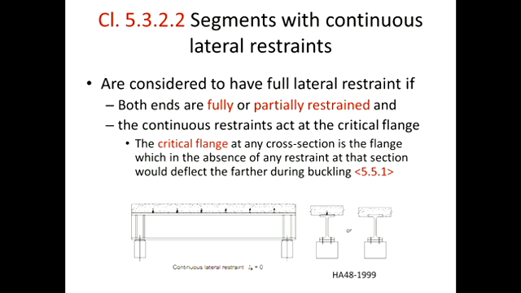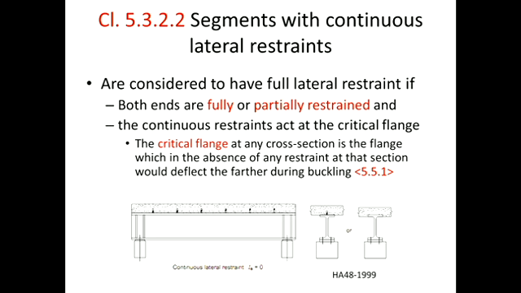So for us to have full lateral restraints, we have to have both ends being fully or partially restrained. And for this case, as we said, we also have continuous restraints, and the continuous restraints are on the critical flange.